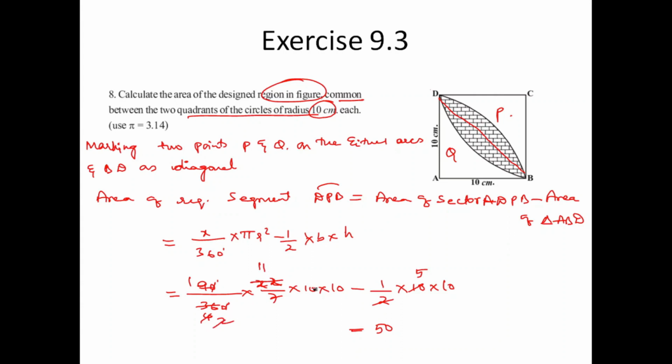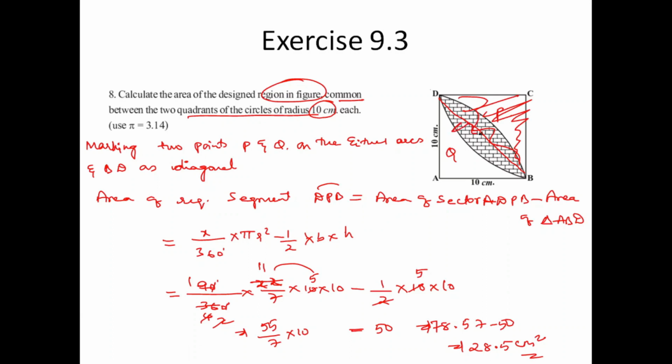Now 2 is divided how many times? 5 times. Now this is 55 by 7 into 10. Now by solving these two, I am left with only 78.57 minus 50, which is equivalent to how much? 28.5 centimeter square.